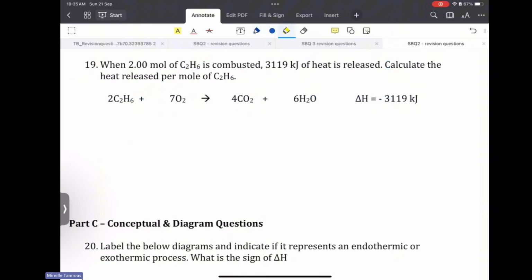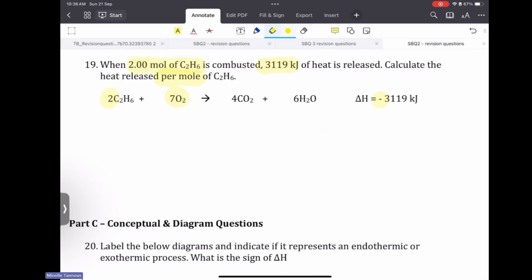When 2 moles of ethane, C2H6, is combusted, look, there's O2 in here. 3,119 kilojoules of heat is released. See, they put negative over here. Calculate the heat released if you have 1 mole. Here it is 2 mole.